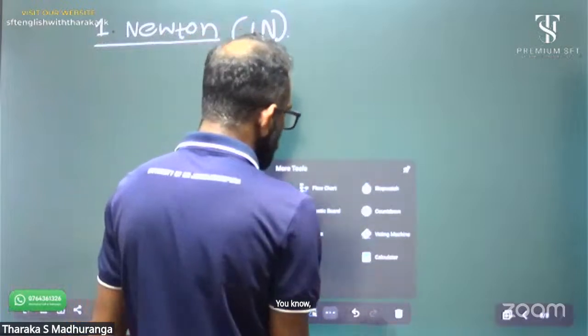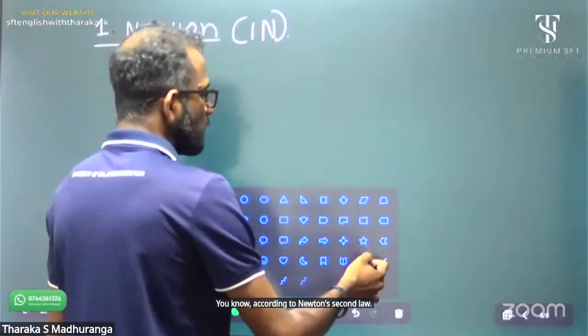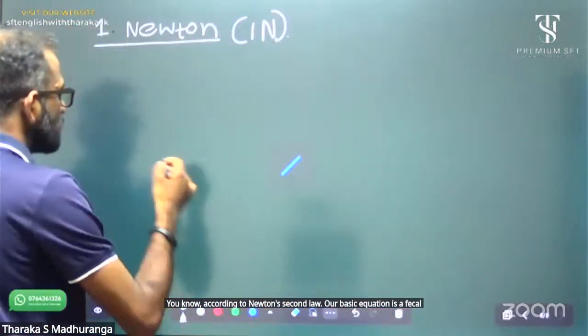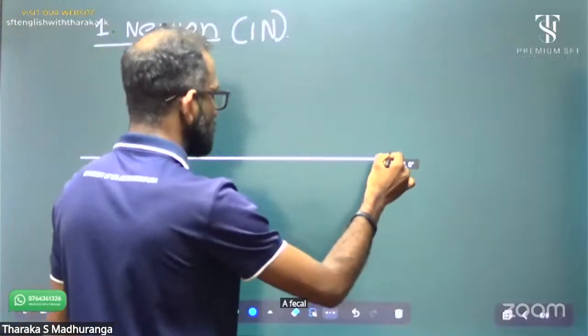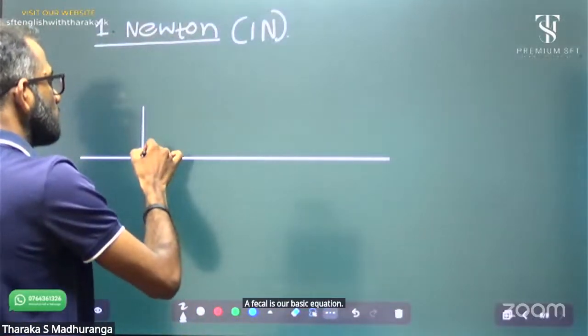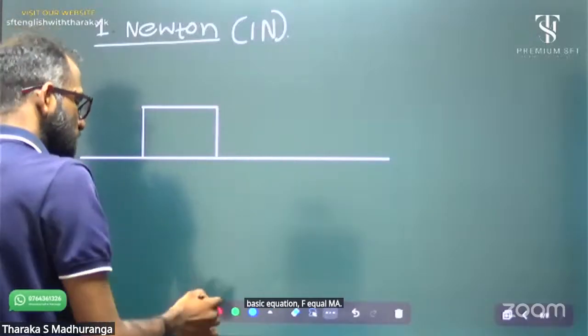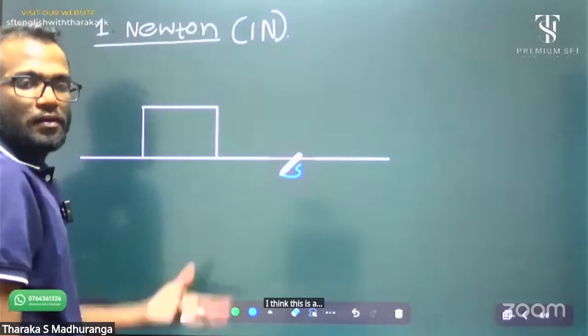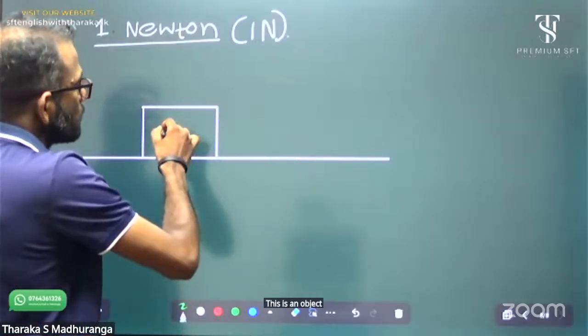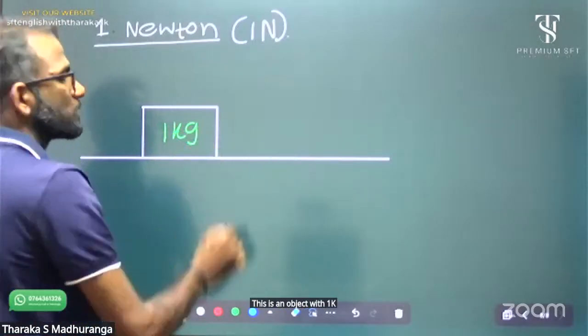According to Newton's second law, our basic equation is F equals ma. Think of an object with 1 kilogram mass.